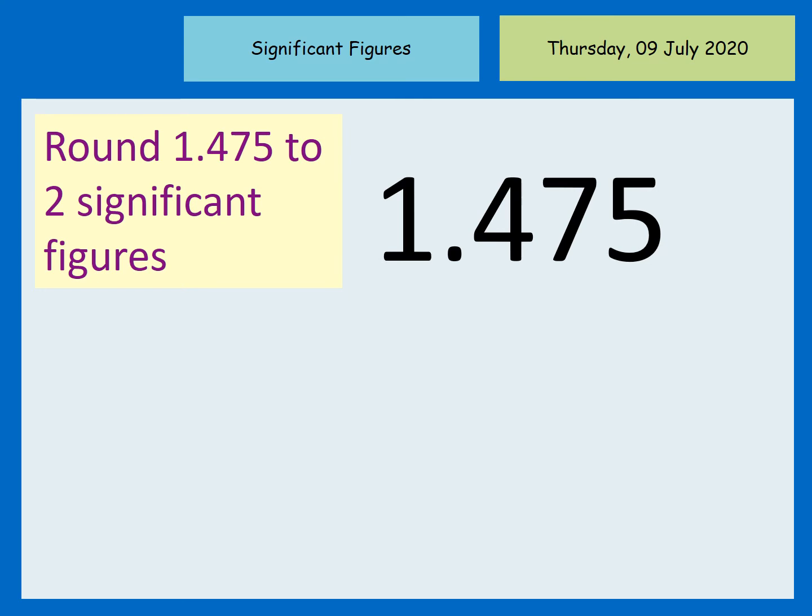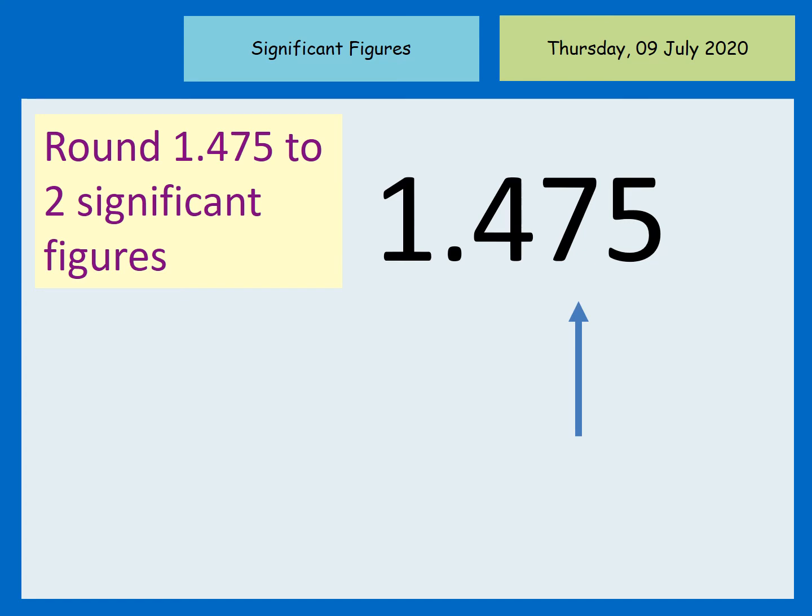Finally, this last question here, we have 1.475. Again, we need to identify the second significant figure first. So our first significant figure here is a 1, which means the 4 would be our second significant figure. Again, we're going to look directly to the number next to it, the number directly to the right, which in this case is a 7.